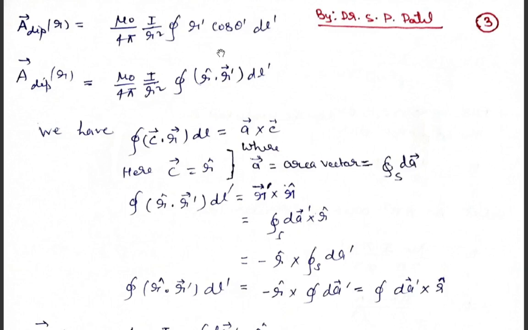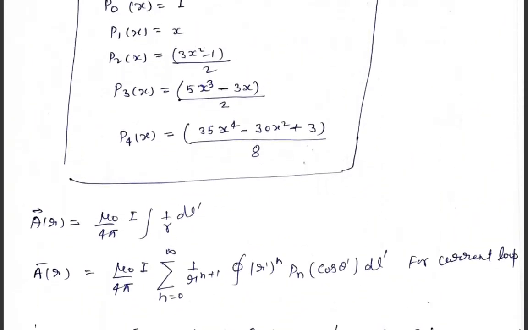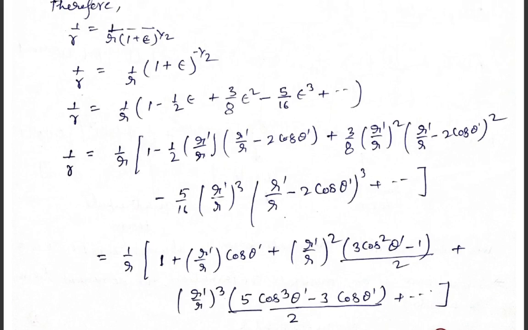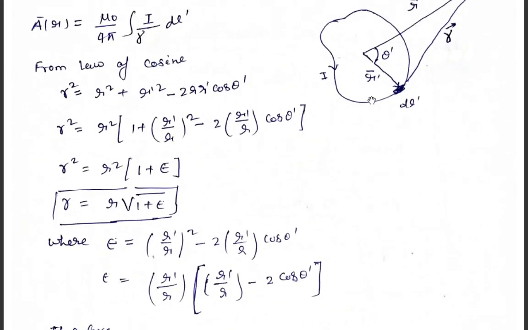Now if you look at this, here r prime cos theta prime is there. It means we can write this quantity in terms of a unit vector. If you see in the diagram, let us say this is the r vector, the r prime vector, and this is the r vector.